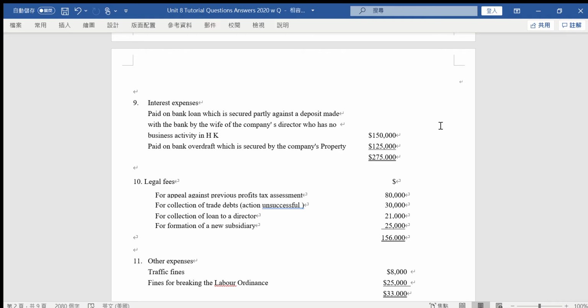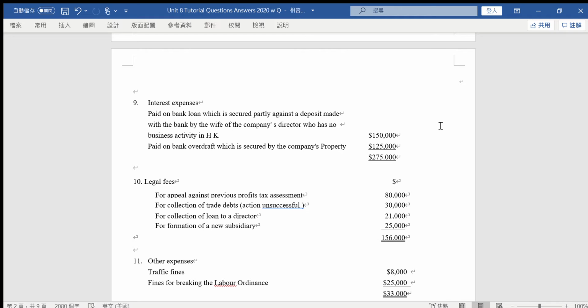Now, by looking at this one, you'll find that it is secured by a connected person, because that is from a director's wife, and also this wife doesn't have any business activity in Hong Kong.